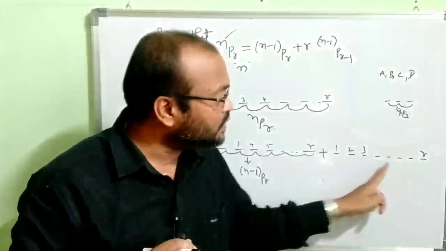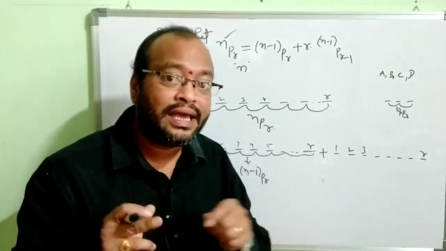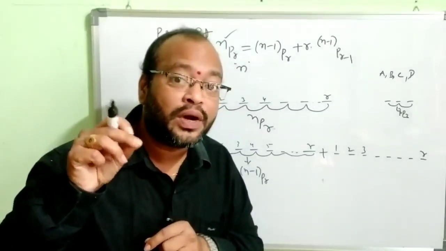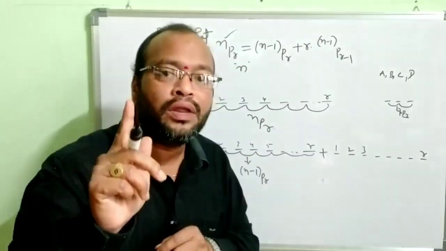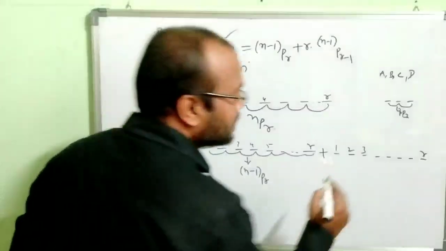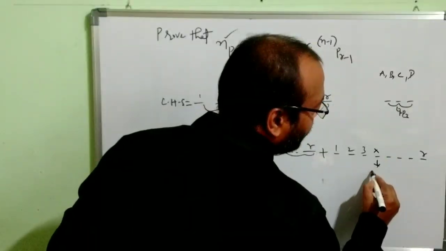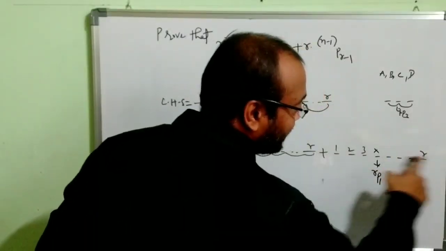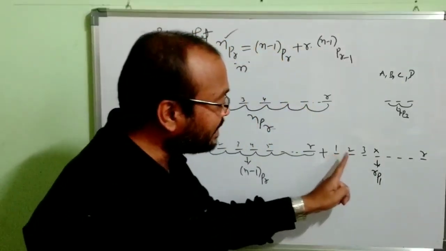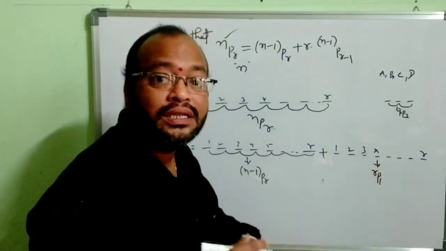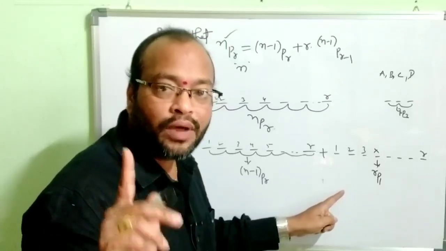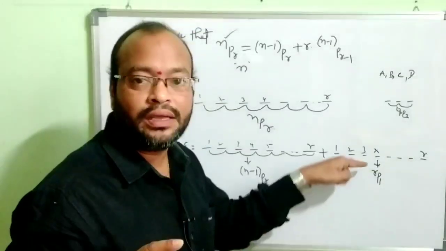R places. He has R choices, but he will sit in only one place. Suppose he is sitting here. How many ways? RP1 ways. In those R places, he may sit here, here, or here. So R choices, only one member, RP1 ways we can put.